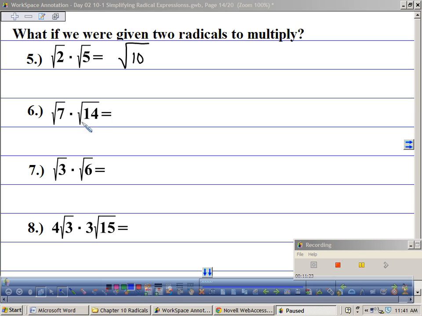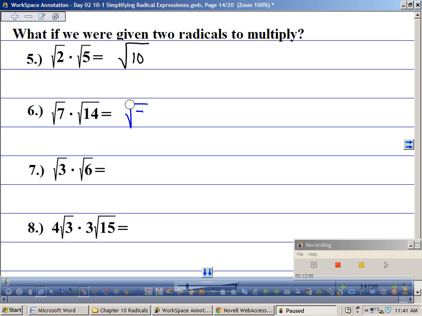Nothing that has to do with the 14. There's a 7 in there. I've got a 7 in here, and I've got a 7 in here. So don't I have 2 7s? Times what? Times 2. Right? Is it too much of a leap?